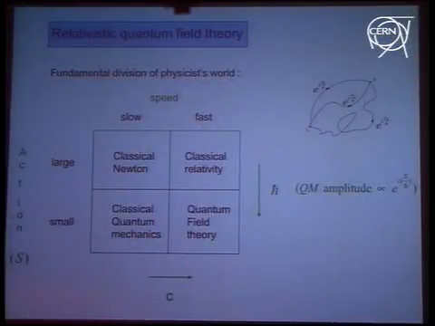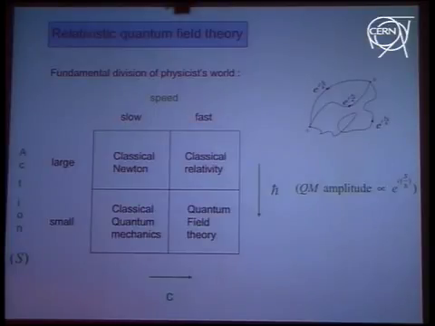Slow system, large action, or essentially h going to 0. Here, h going larger, you have to worry about larger variations of the action. It gives you classical quantum mechanics.